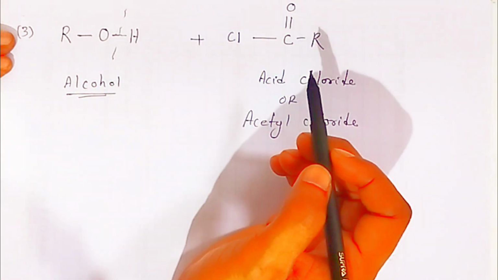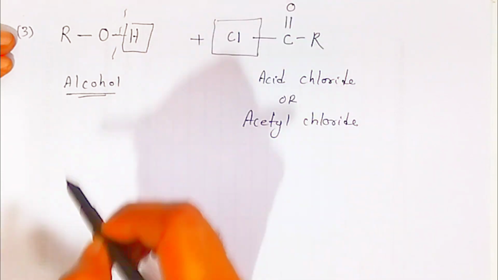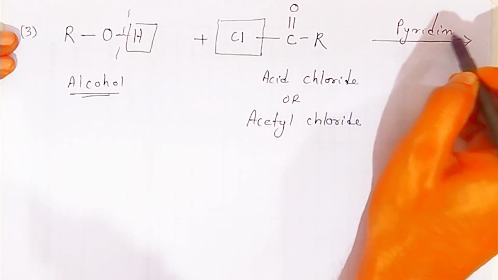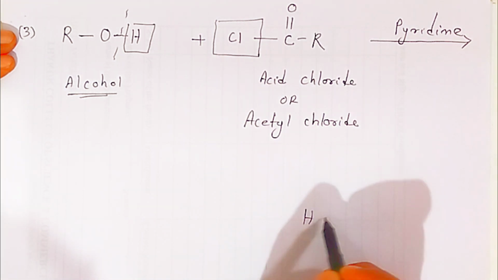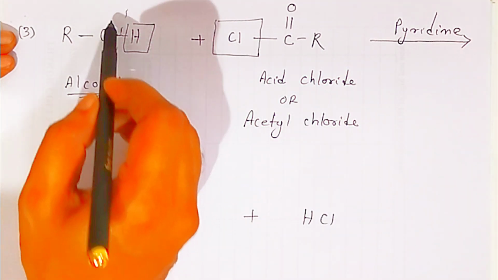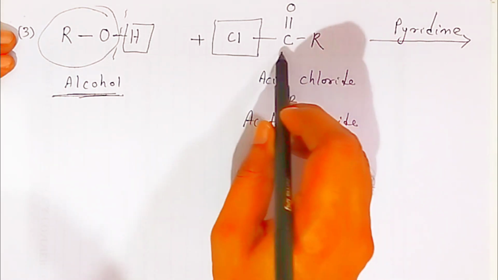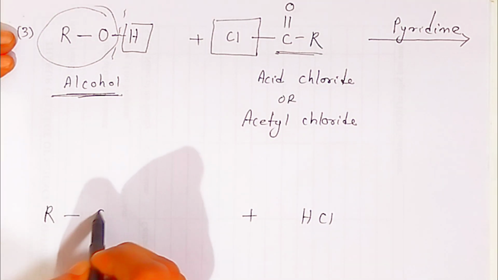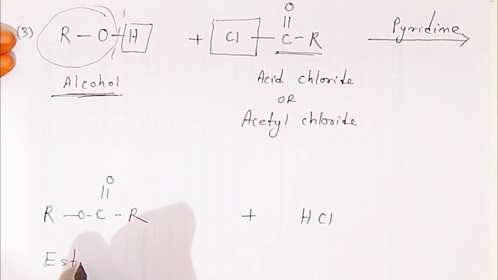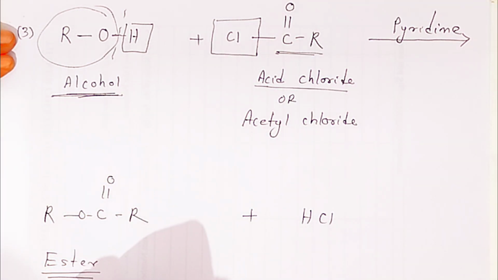This hydrogen combines with the chlorine of acetyl chloride. Pyridine is required, students. In presence of base only it will react, and it will form HCl. Now this alkoxide of alcohol combines with acetyl and it will form ester. Again you are getting ester from acetyl chloride. Action of acetyl chloride on alcohols also gives you ester. This is also called esterification with acetyl chloride.